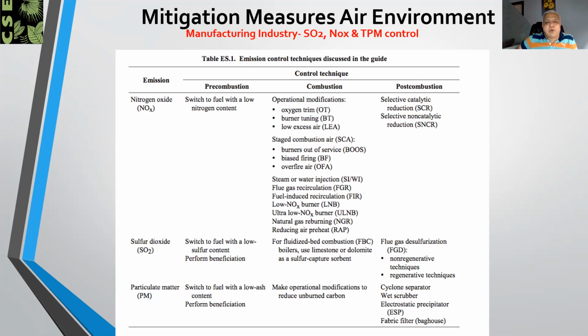Now, the control technologies for sulfur dioxide: for large size boilers, you can go in for fluidized bed combustion using limestone or dolomite, etc. And for particulate matter, during the combustion process itself, you can go in for fluidized bed combustion.